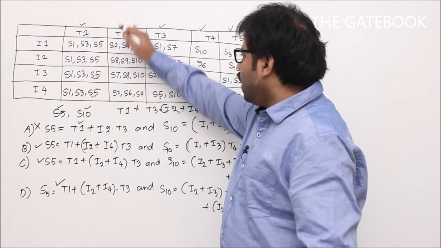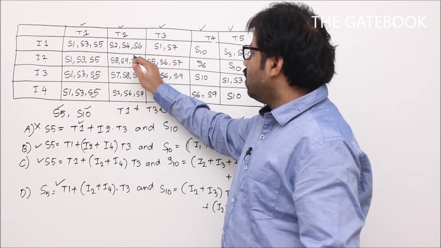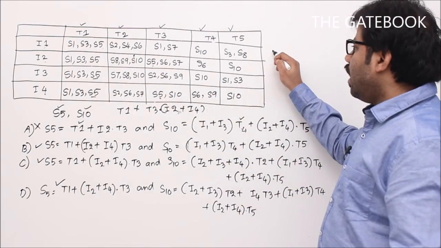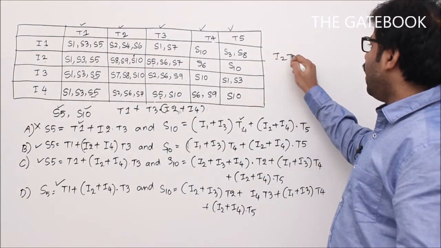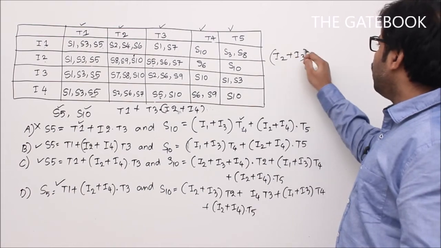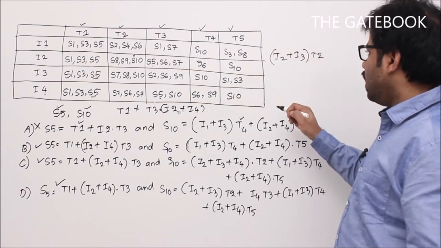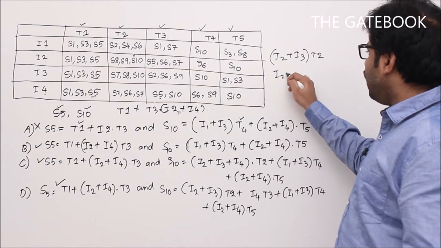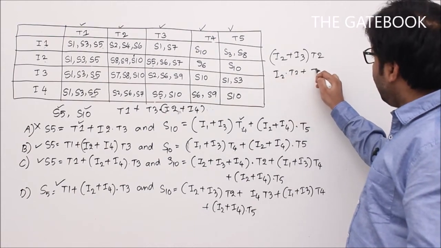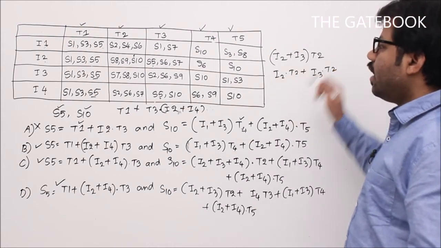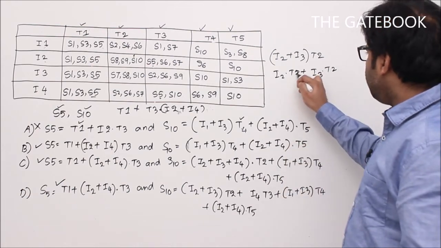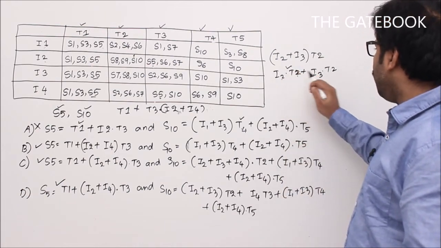In T2, is S10 active or not? Yes, in I2 and I3. So the signal S10 is active at I2 and T2, plus I3 and T2. In the options, we should have I2 dot T2 plus I3 dot T2.